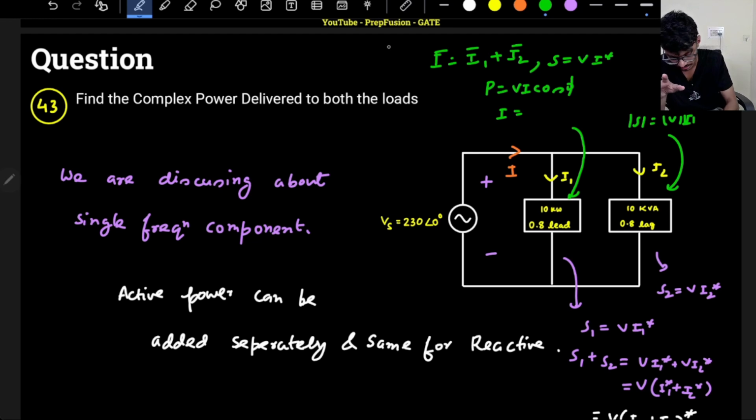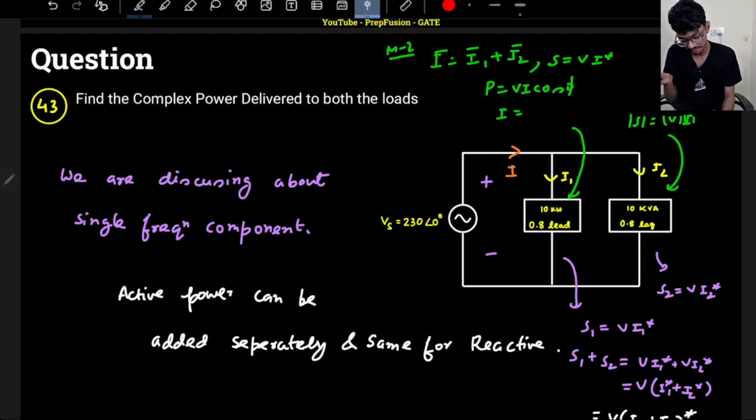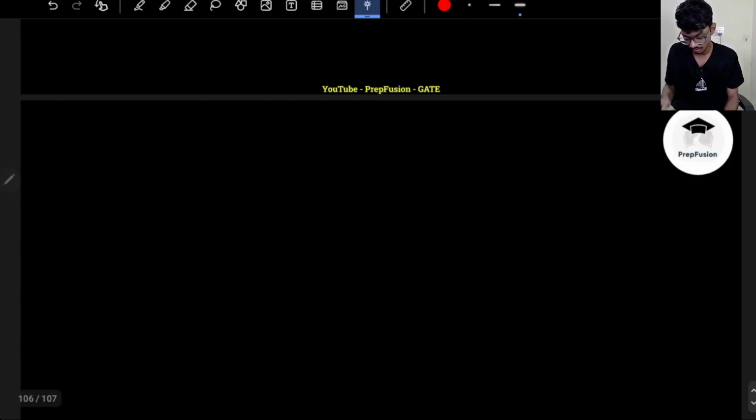This is method 2 basically. Because this lecture is going long, I just told you, so you can do it. I am trusting you guys. Individually find out the currents, then add the currents to get the overall I, then you do V into I conjugate. V is the same across, it is a parallel circuit. So V into I conjugate will give you the apparent power. From there you can solve this question.